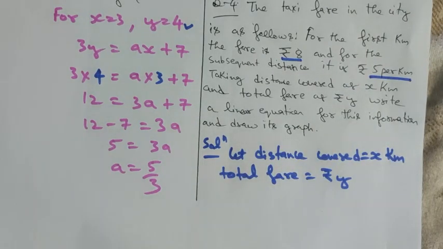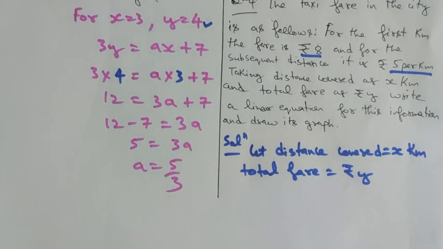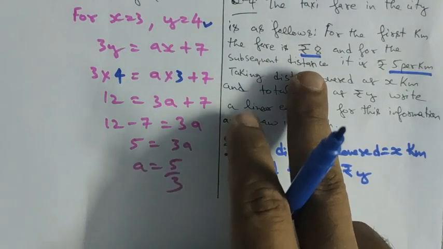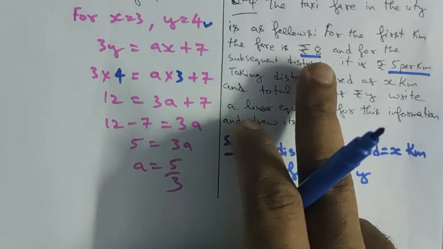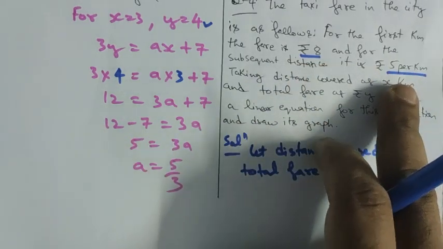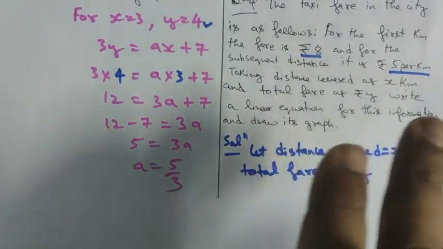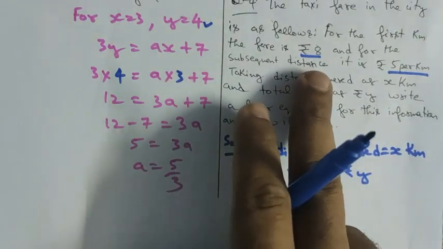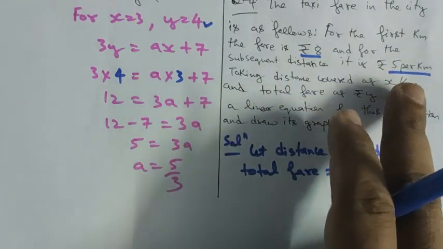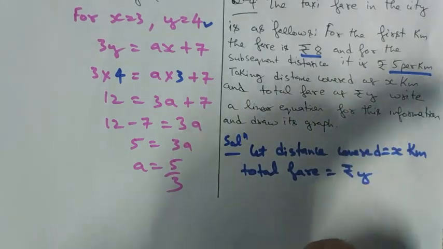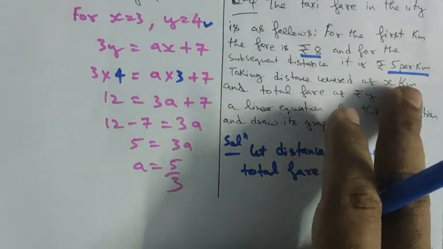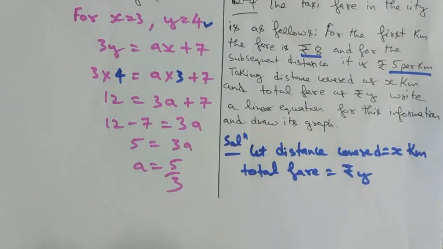That means for a journey of 2 kilometers, the person will be charged rupees 8 for the first kilometer and rupees 5 for the next kilometer. For a journey of 3 kilometers, rupees 8 for the first kilometer, and rupees 5 for the subsequent second and third kilometer, and so on.